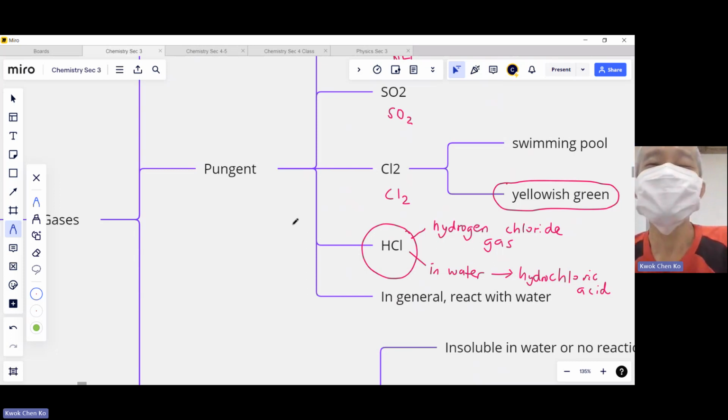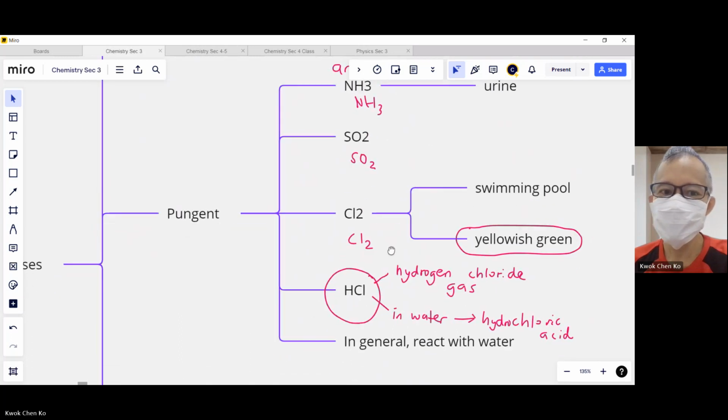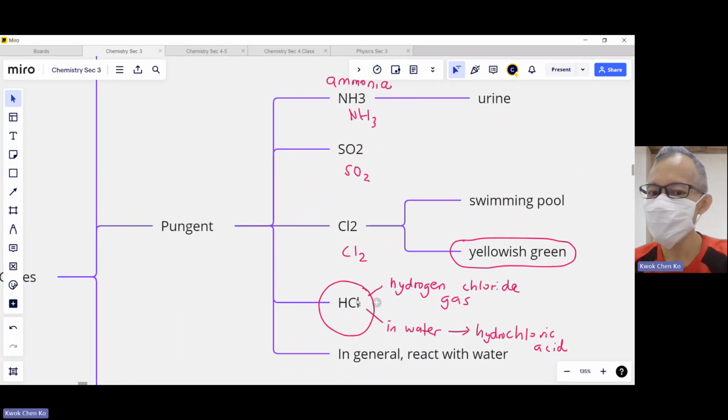But like I said, in your exam, don't write swimming pool smell. You still describe it as pungent. Pungent means it's not nice, very strong smelling, usually irritating. Same thing for this, describe as pungent. And take note, the four of them tend to react with water. This is important later on. So take note: 1, 2, 3, 4.